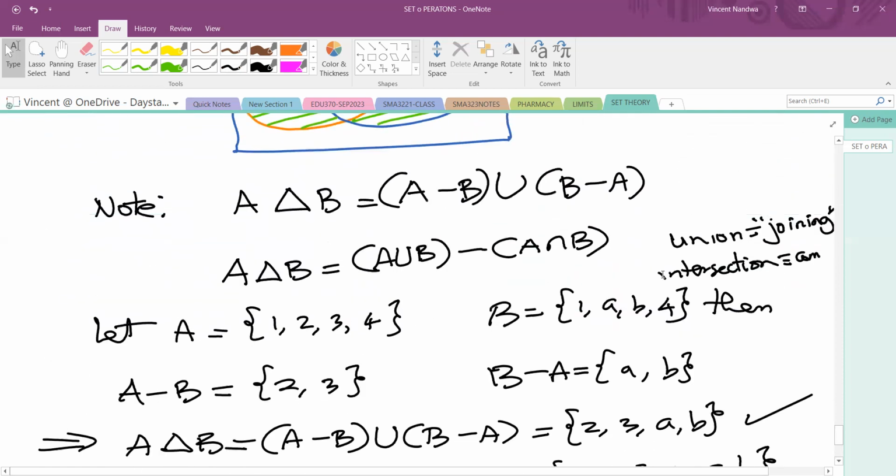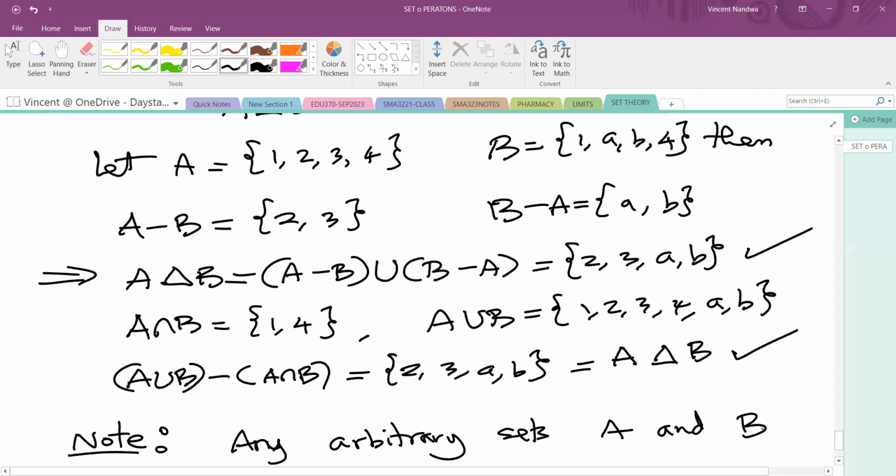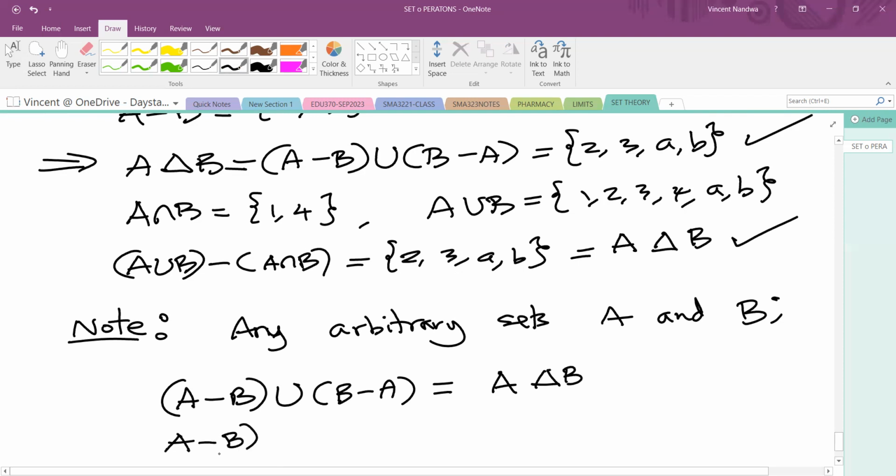And always note that in the previous case when we were discussing set difference, for any arbitrary sets A and B, when you say A minus B union B minus A, you get the symmetric difference of A and B. And when you say A minus B intersect B minus A, then it will always be an empty set.